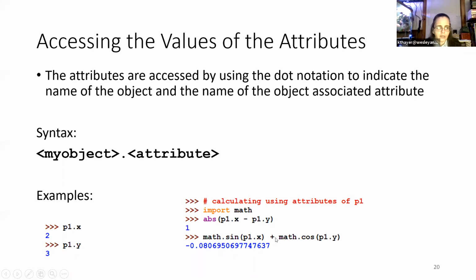So 2 minus 3 should be -1, and the absolute value of that is 1. So we get that. And so also we could make up some other crazy functions that you want to calculate. So I have no idea why you'd want to have the sine plus the cosine, but maybe you did, and that's how you would do it. So you can basically access the values of the attributes and do whatever you need to do with them.